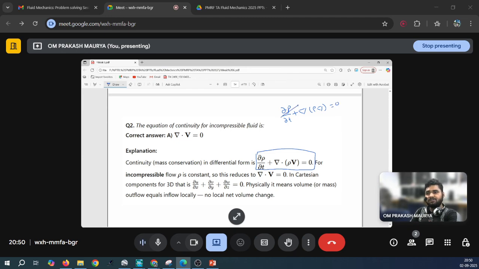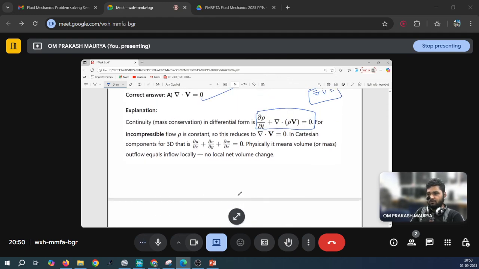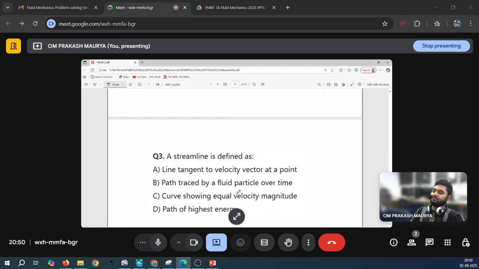If rho is constant, this term will be 0, and if this term is 0, rho will also go this side, so only the remaining is this. So that's why. Okay, so physically it means volume or mass outflow equal to inflow, no local net volume change. The meaning is this.